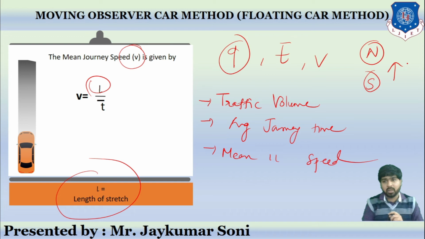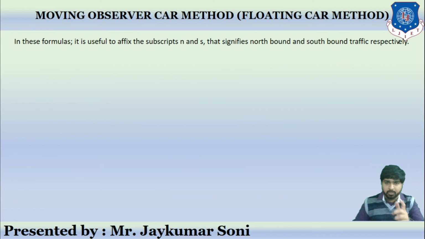So in order to use this formula, it can be useful to affix the subscripts n and s. If you are going in the north direction, then you put n, and if you are going in the south direction, then you put s. That signifies the northbound and southbound traffic respectively.